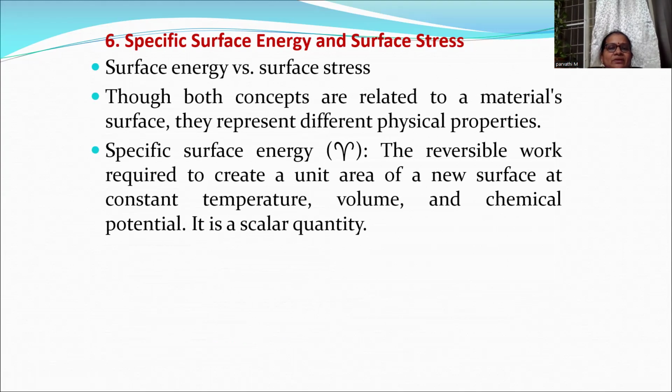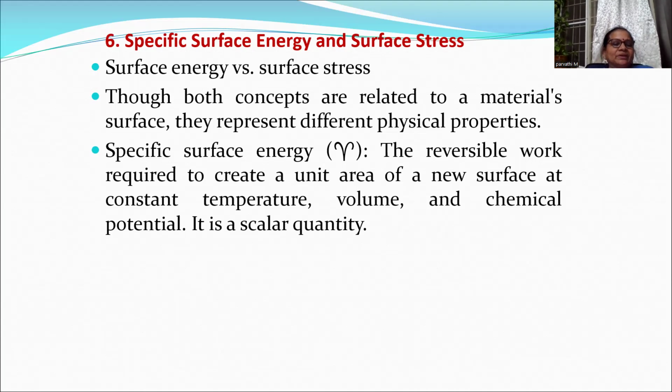It is a scalar quantity. So surface energy is the energy that differs from surface to surface of different materials. It is specific to that particular material, the energy on the surface, measurable. The reversible work required to create a unit area of a new surface at constant temperature.